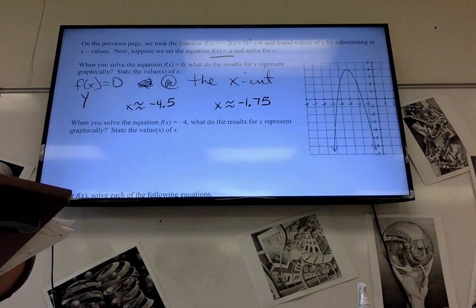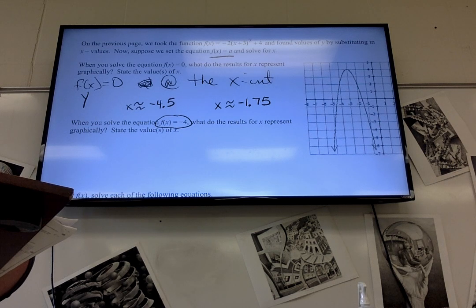If I took the equation and set it equal to negative 4, what are we solving for then? This is telling us when y, f of x, remember, is the same thing as y.